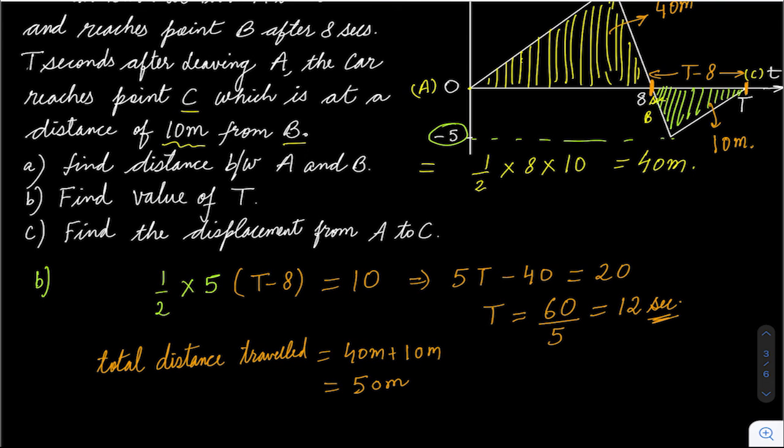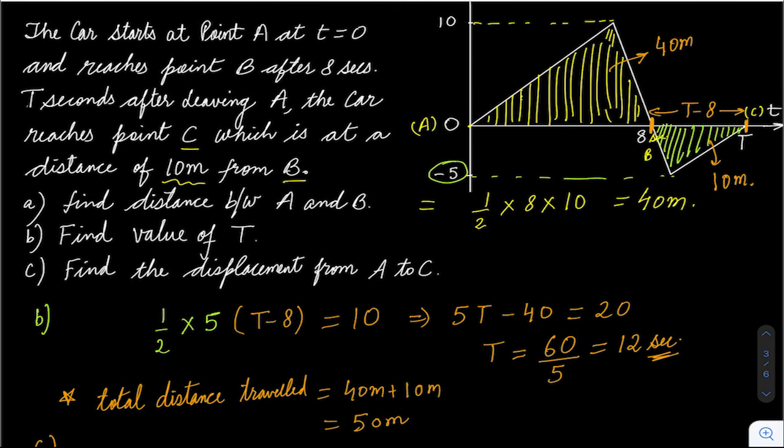But in this question, they are asking, what's the displacement from A to C? Now you can see this. This area is 40, that is on the positive side. This area is 10 meter, that is on the negative side. Okay. So what will be my displacement? In displacement you have to take the exact sign. So if the graph is below the x-axis, then you can take that displacement to be negative. Find the area, then take the negative sign.